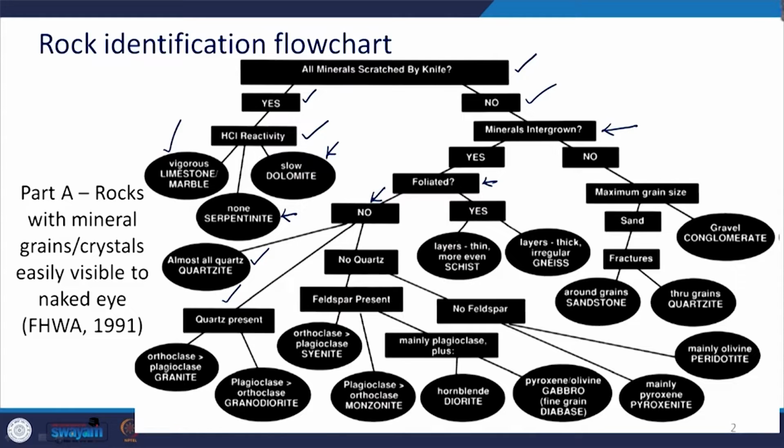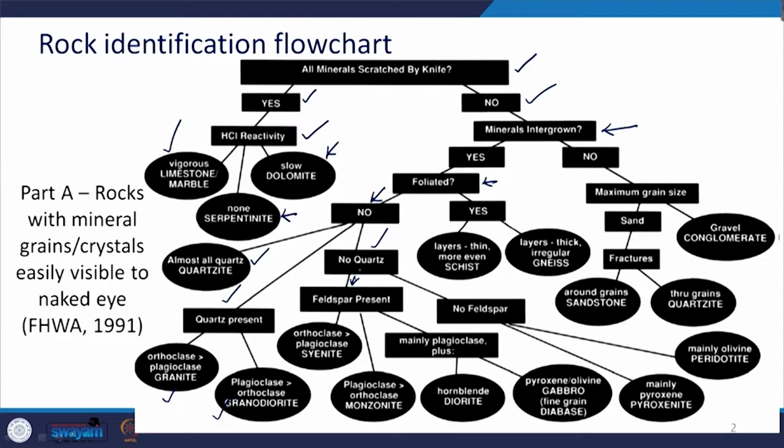We have seen in the previous class how to differentiate between orthoclase and plagioclase. So, if orthoclase is more than plagioclase, then it is granite, and if it is the other way round, then it is granodiorite.